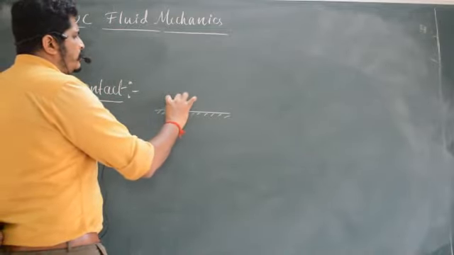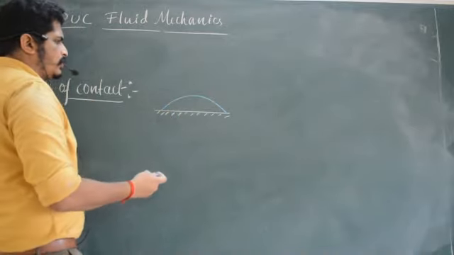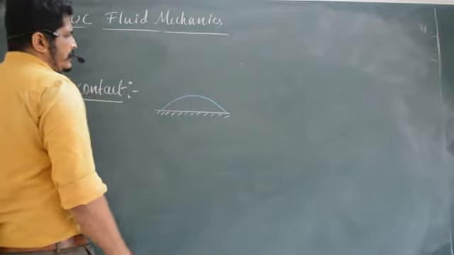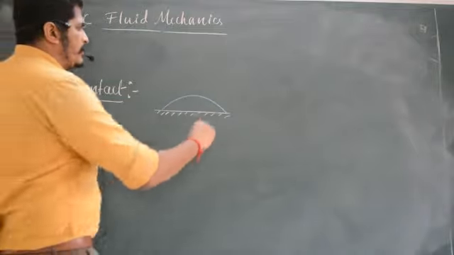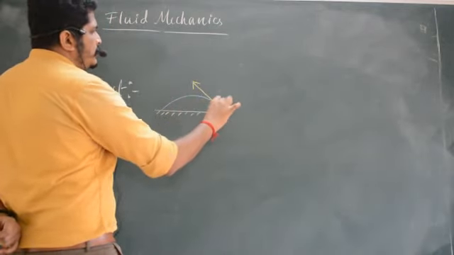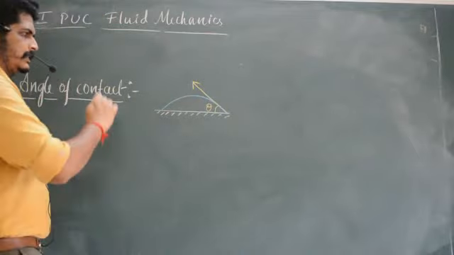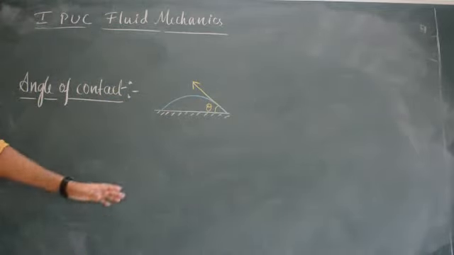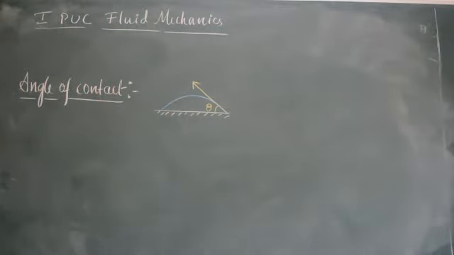So when you drop almost a single drop like that, usually a water drop looks like this, correct? Okay. So what is this angle of contact? This angle of contact means you are measuring microscopically, like this. It's actually the angle made by the tangent, you can see here, angle made by the tangent to the liquid.